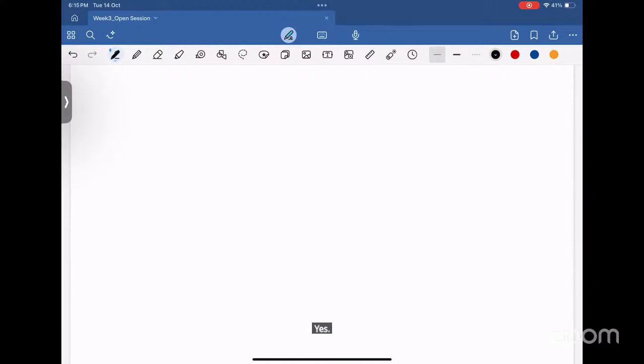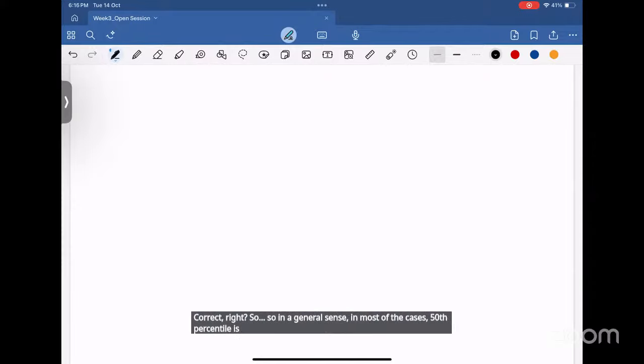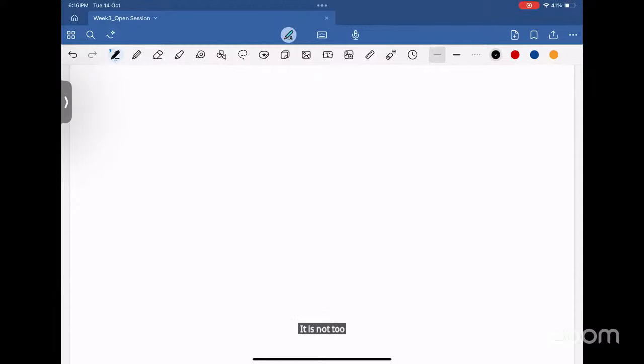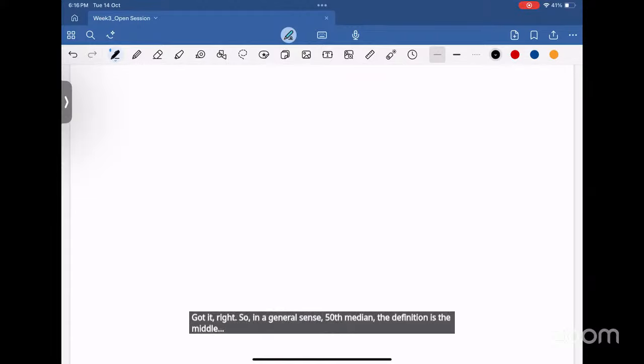So in a general sense, in most cases, the 50th percentile is said to be the median, but it is not very strictly defined, or it is not sacred to say it like that. So in a general sense, the definition of the median is the middle data point.